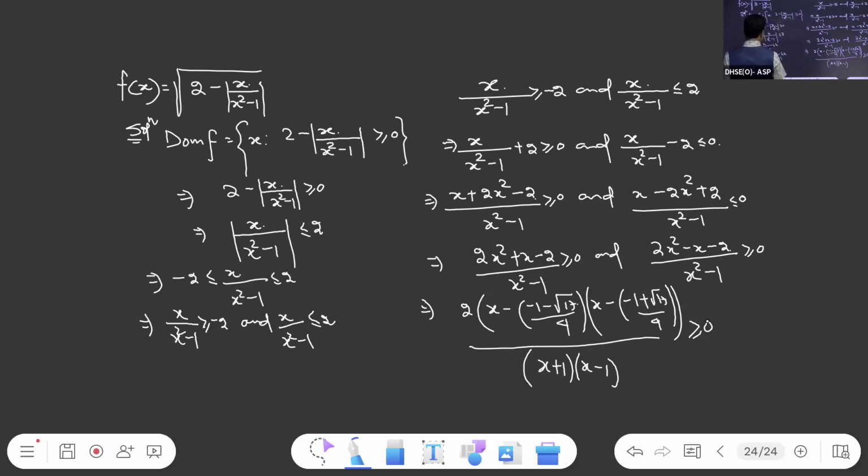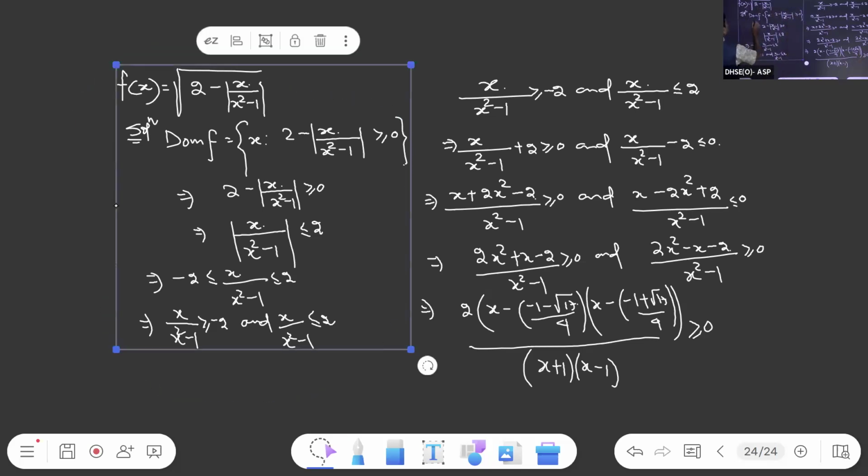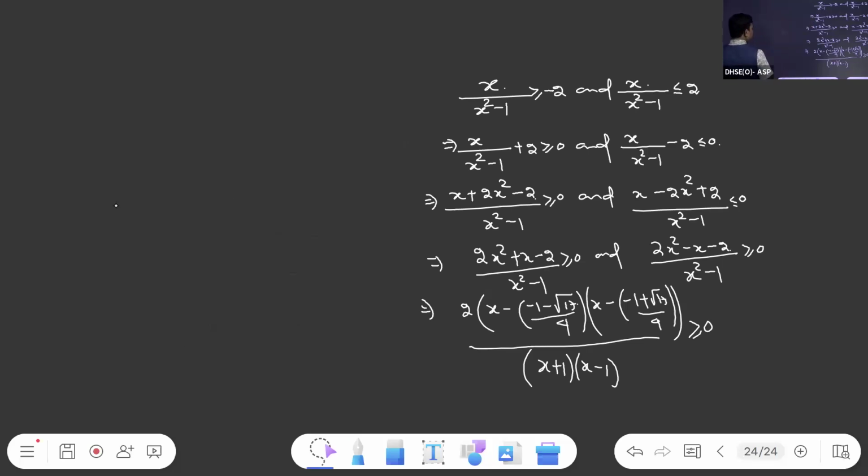Okay, so the critical points are minus 1, 1, minus 1 minus root 17 by 4, minus 1 plus root 17 by 4.